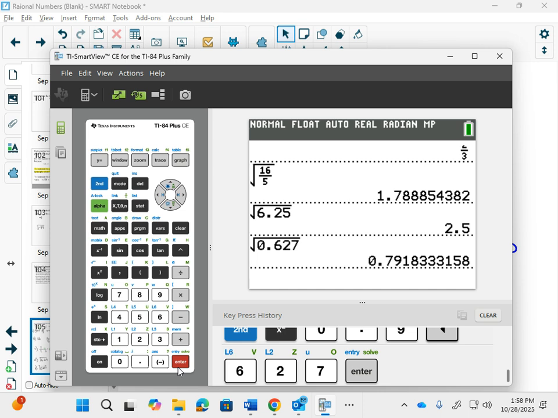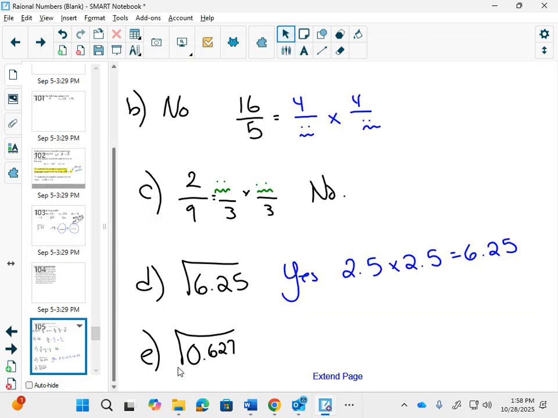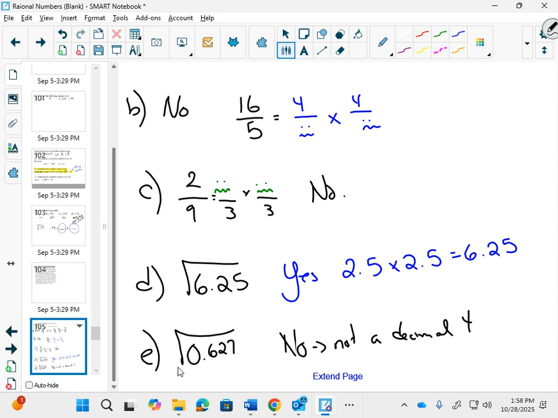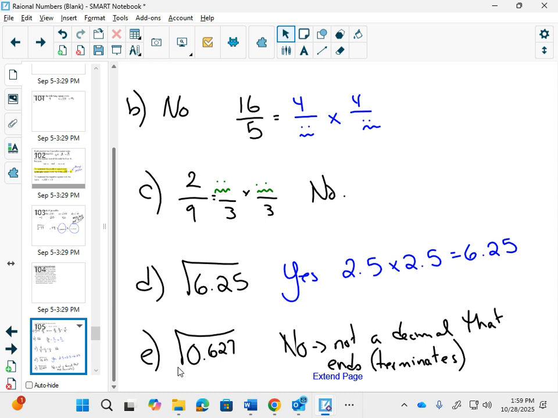So, for that one, the answer will be no. Maybe I put in brackets, not a decimal that ends or terminates. So 2.5, nicely, that decimal ended. That makes it a yes. But if it keeps on going, that makes it a no.